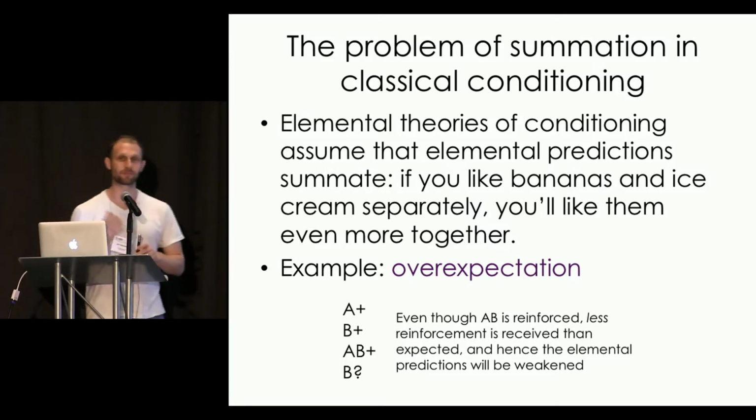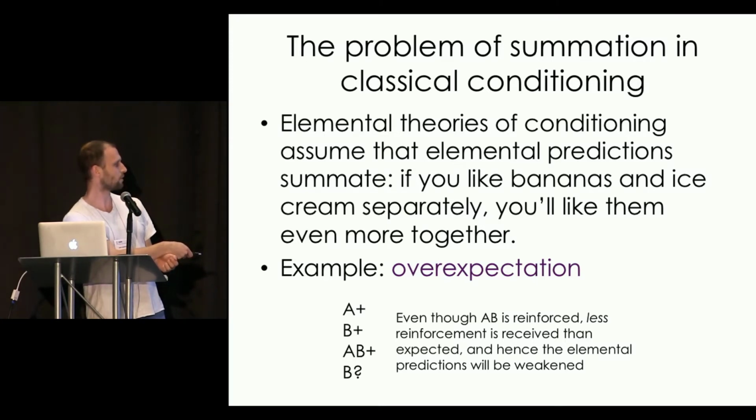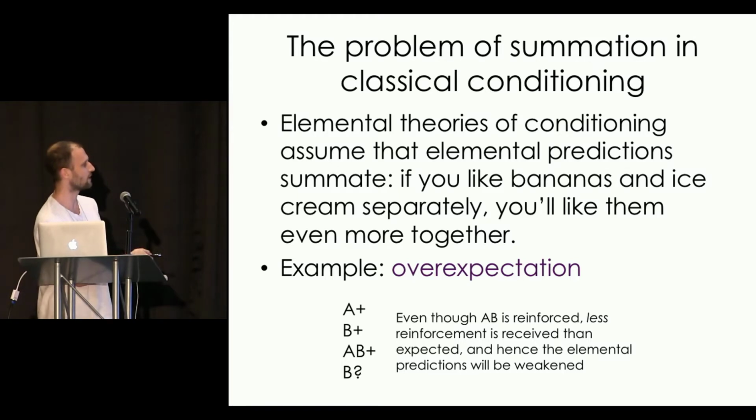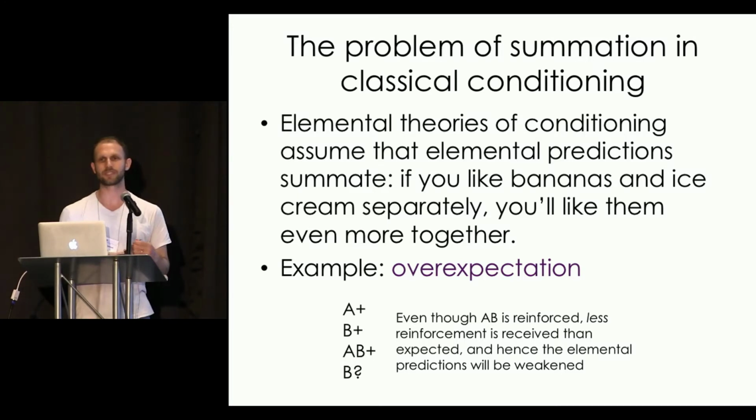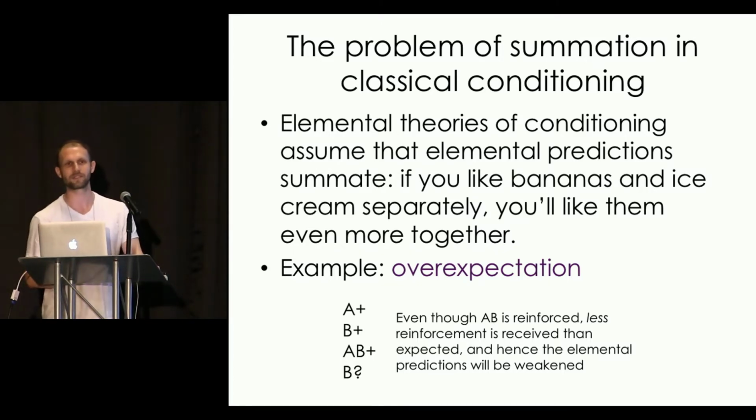And kind of surprisingly, the response to the stimulus element B is lower compared to if you just trained it by itself. Now that's weird, right? Because how is it possible that this training regime actually decreased the animal's conditioned response when throughout the experiment they've only ever been positively reinforced in the presence of these stimuli?